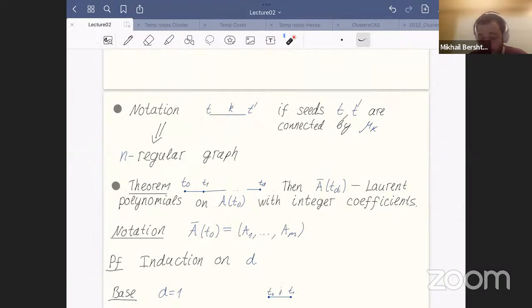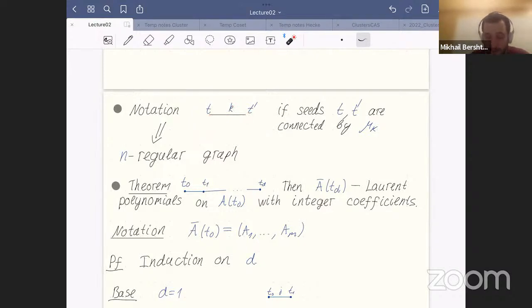Like I try to write all numbers and variables, and the edges in this new graph will correspond to mutations. So vertices are seeds, and if two seeds t and t prime are connected by mutation in vertex k, I will draw an edge between t and t prime and label this edge by k.